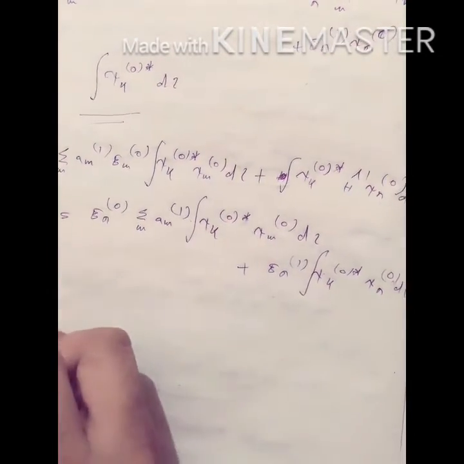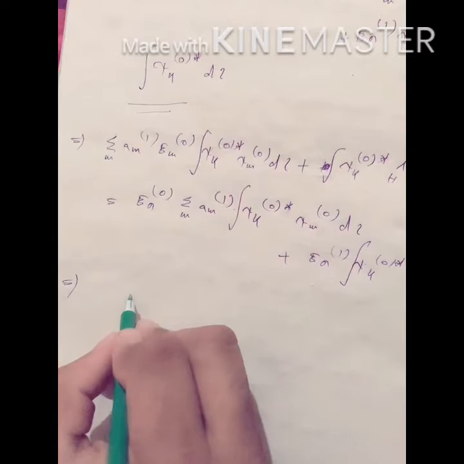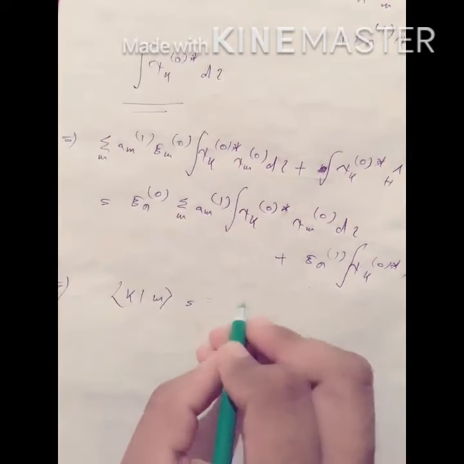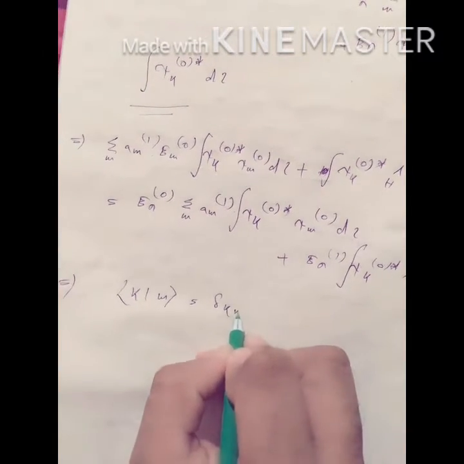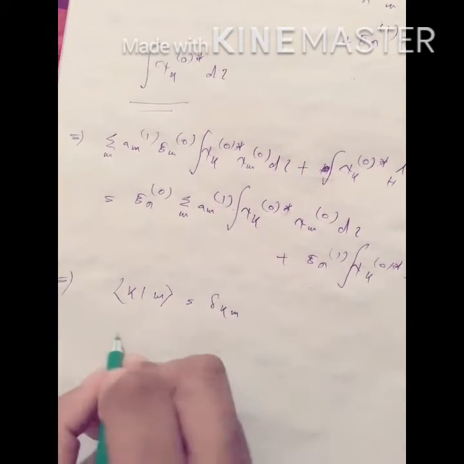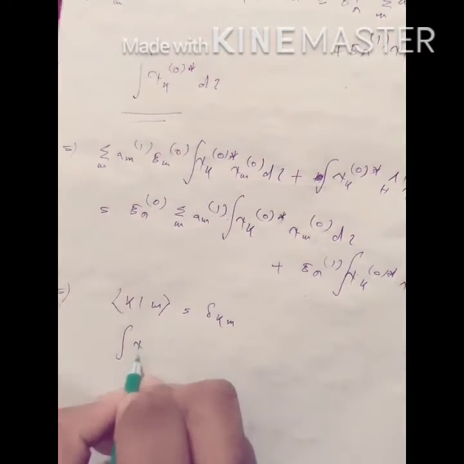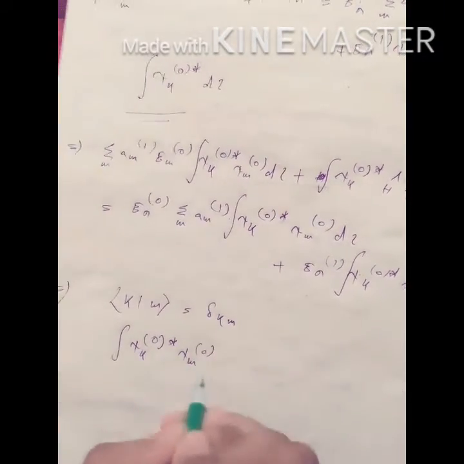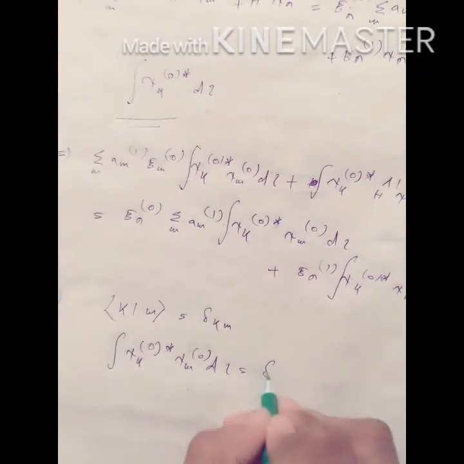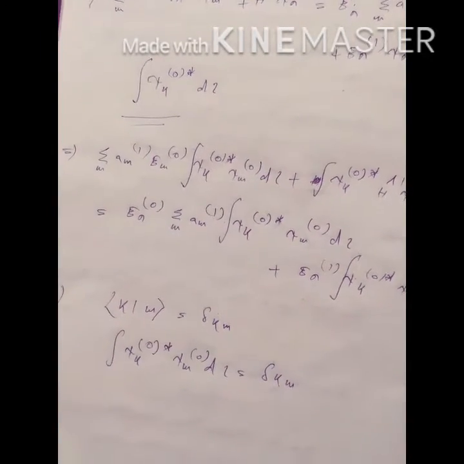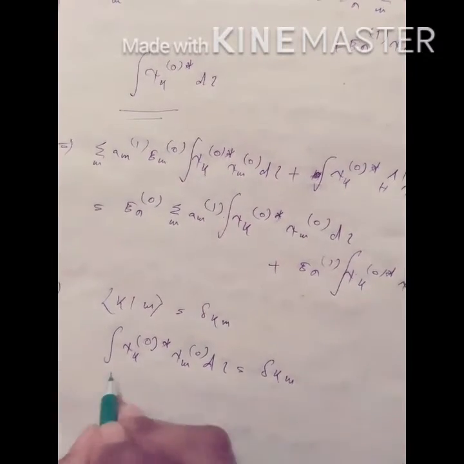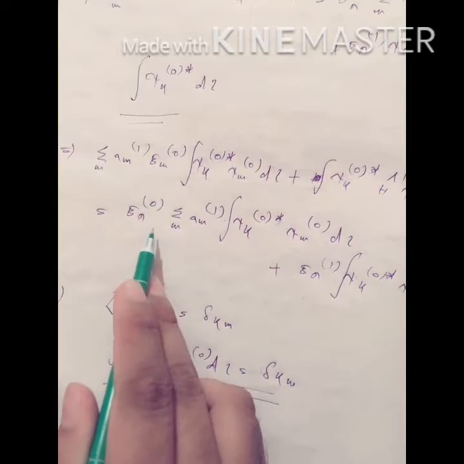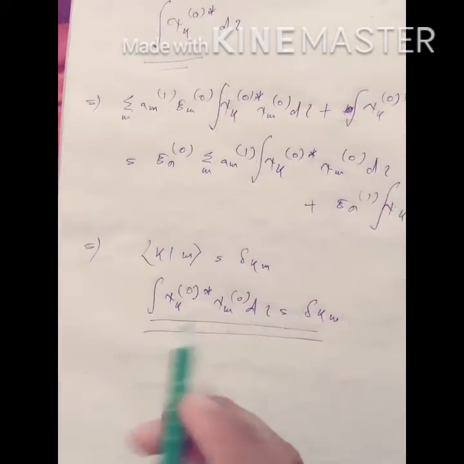Okay, so what is the next step? We can write integration of psi k0 star psi m0 d tau as delta km. So put this term into the given above equation. So please do it.